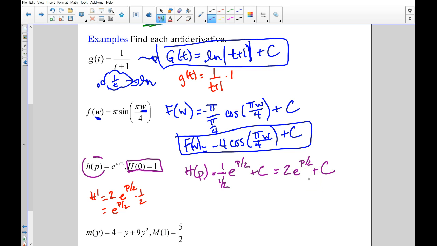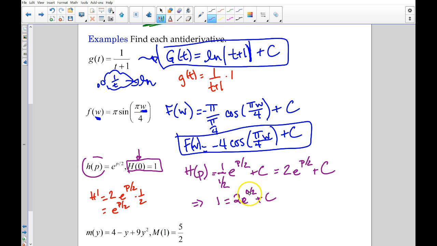Now I want to find my specific antiderivative, so I want to apply this initial condition. What this is telling me is that when p is 0, capital H is 1. So I get the equation 1 equals 2e to the 0 over 2 plus c.